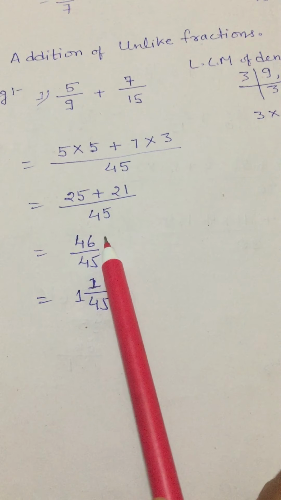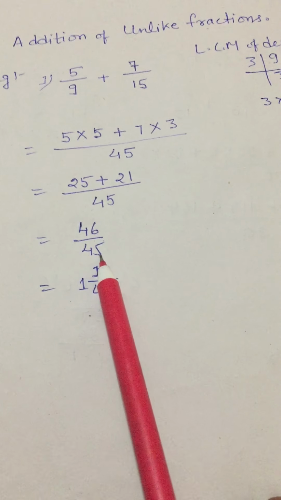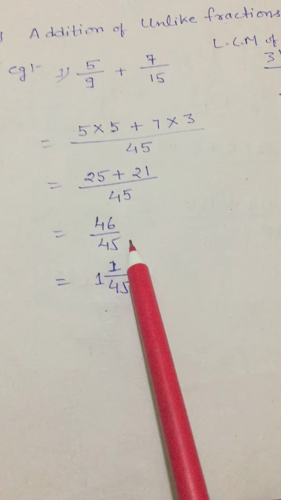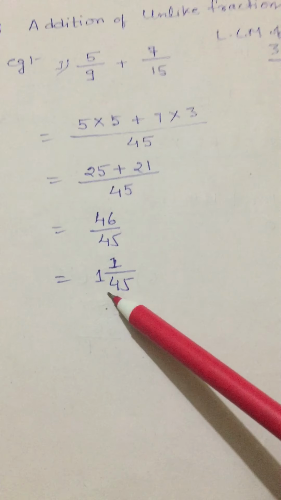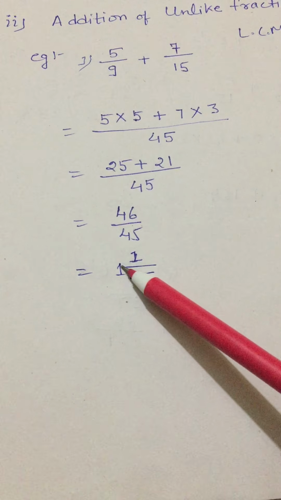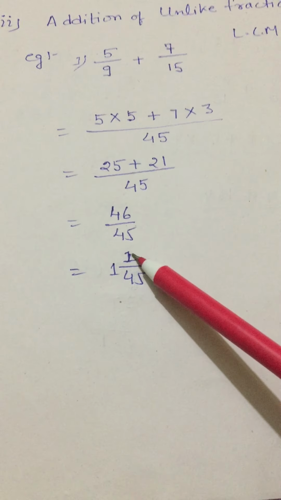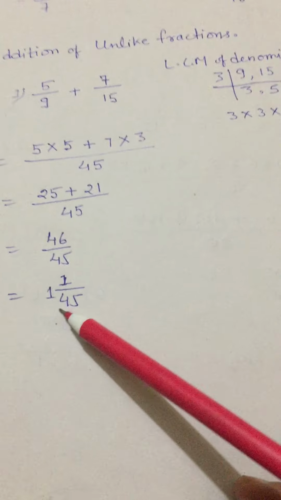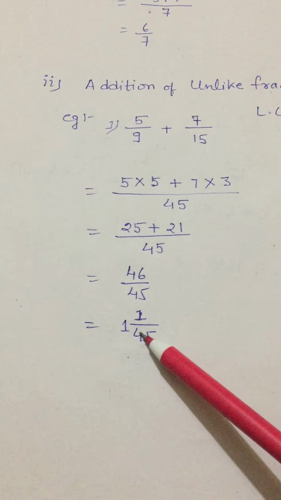Now 46 is greater, 45 is smaller. So this is an improper fraction. So we have to convert it into a mixed fraction. So divide it, 45 ones are 45, 45 plus 1, 46, 46 by 45. Here we have divided to find the mixed fraction.